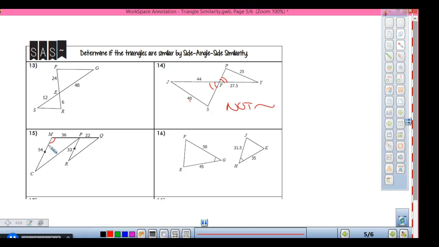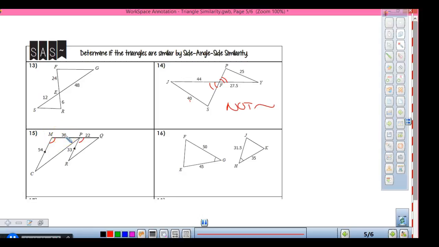They've got to be on a line or on a transversal in order for them to be. So C, M, P, and R, P, Q would be my corresponding angles. Also, what angle do you want it to be? You want it to be these two angles. Why? Because that's the angle that's in between my two sides, right?